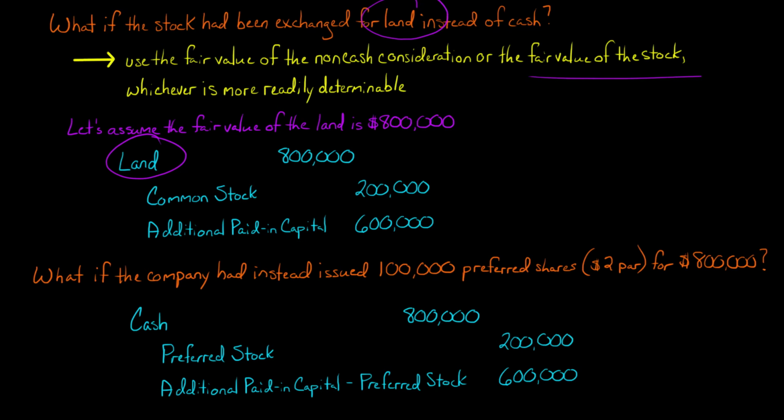Instead of crediting common stock, we're going to credit preferred stock for the par value times the number of shares, so 100,000 shares times $2 par per share. We're going to credit preferred stock for $200,000, and then we are going to credit additional paid-in capital preferred stock for $600,000 so that our debits and our credits balance.